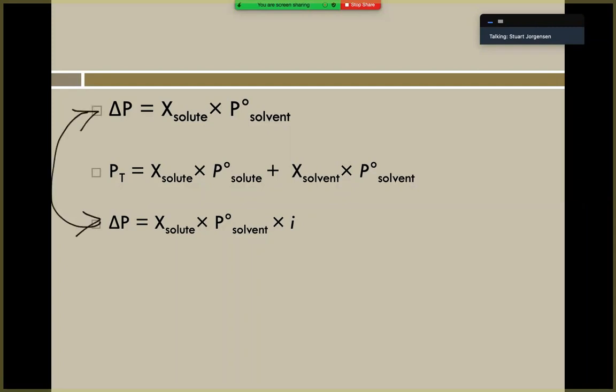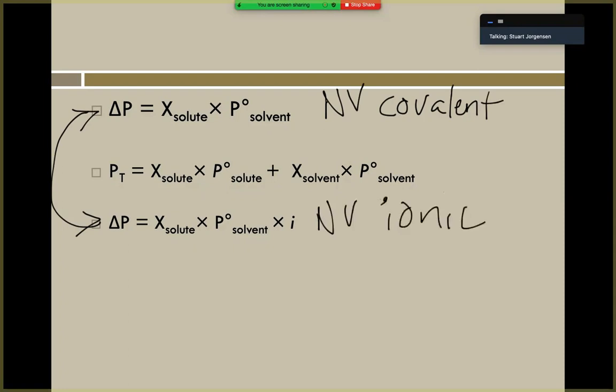If you remember, this was for our non-volatile covalent species. This was our non-volatile ionic species. The good news is that for a covalent species, your Van Hoff factor is 1. So you could theoretically just use that last formula for both and just include the 1 for your covalent. That is entirely up to you.